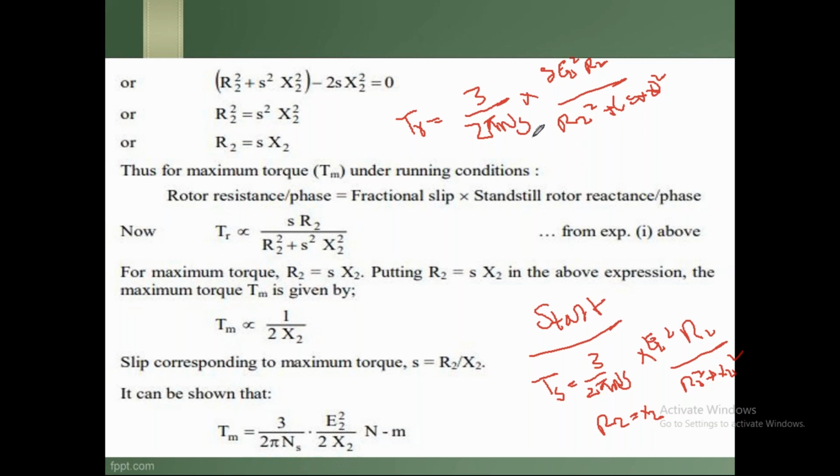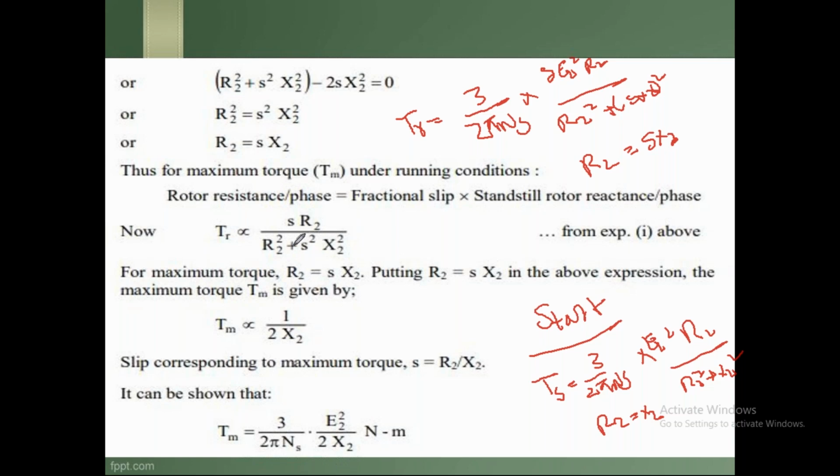Now the condition for maximum torque at running condition is R2 equals SX2. So this is the way we derive the torque equation for two cases, one is starting torque and the other is running torque. Now from this, maximum torque can be obtained at R2 equals SX2.